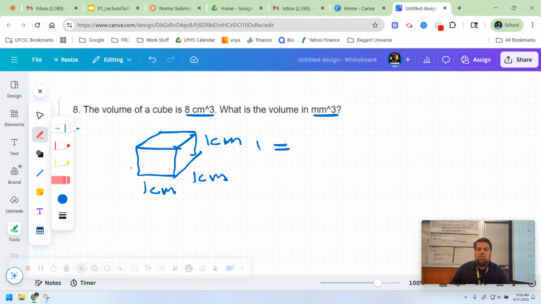That's how we get the volume of this thing, right? So remember, the volume of a cube is the length times the width times the height. If we were to do that math with this one, we'd have 1 centimeter times 1 centimeter. You guys should write this down. Times 1 centimeter. Okay?